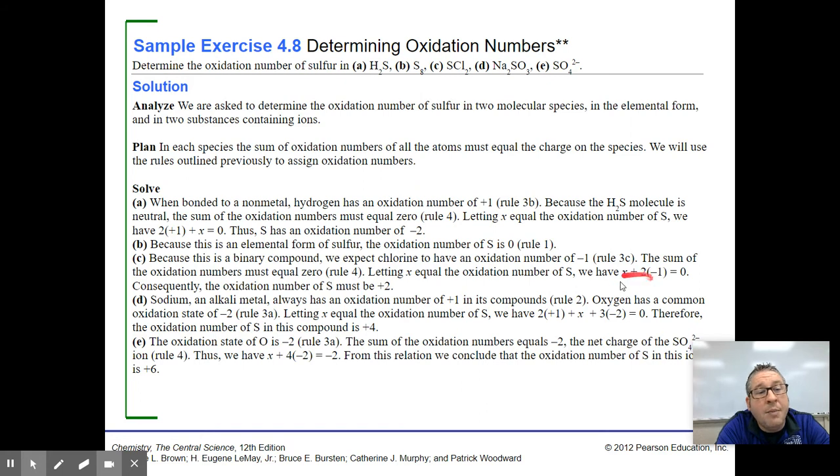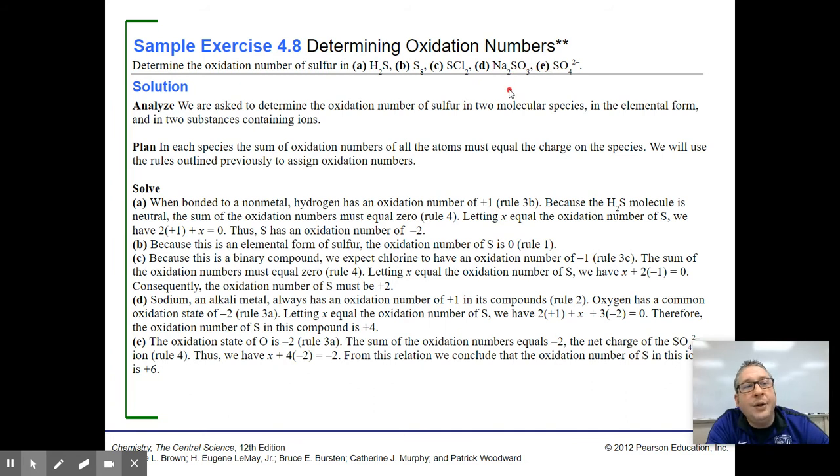So setting this problem up, we have X plus 2 times -1, for chlorine, equal to 0. Solving for X, we find that this time sulfur is +2. So in this situation, sulfur is oxidized because it loses electrons. It goes from 0 to +2.